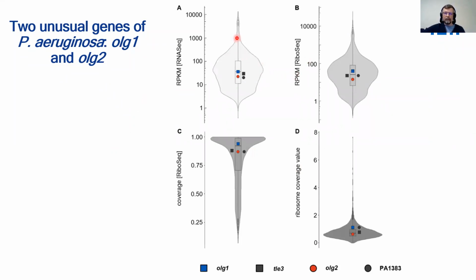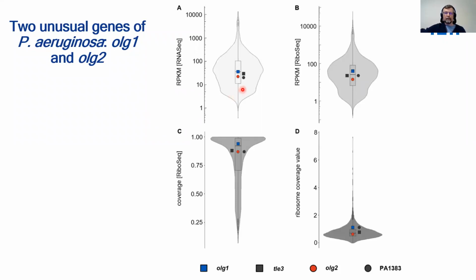Okay, here is the standard experiment. RNA sequencing for all genes now in this violin plot. And the genes we're interested in, OLG1 in blue and OLG2 in red, are shown here for the standard RNA sequencing experiment, right? And it is just like the bulk of all other proteins in the middle of the diagram.